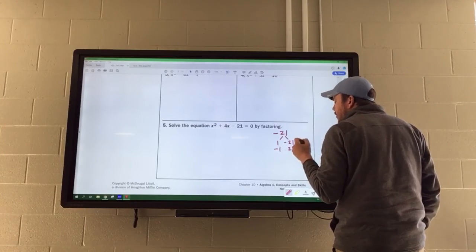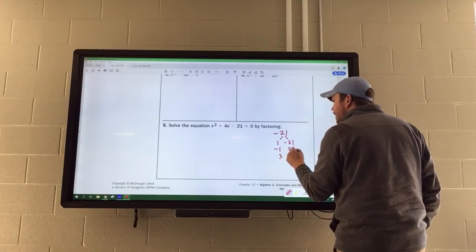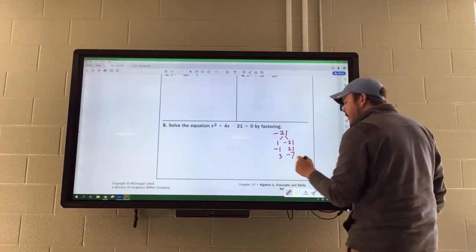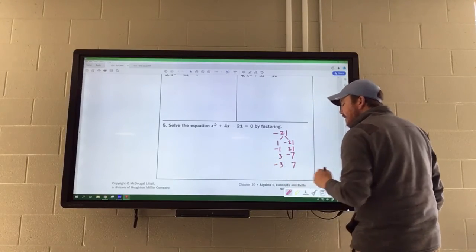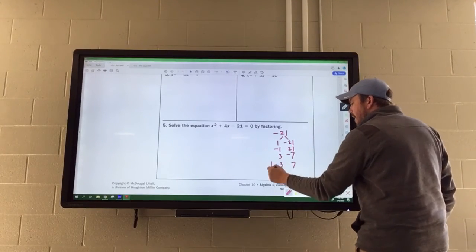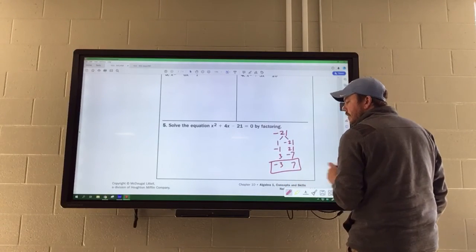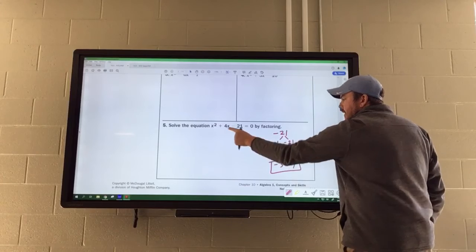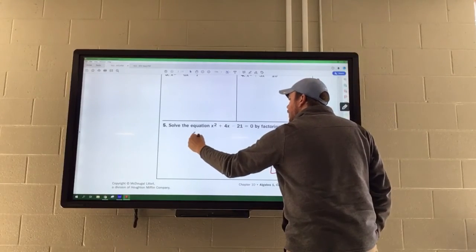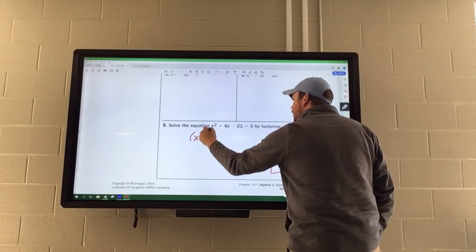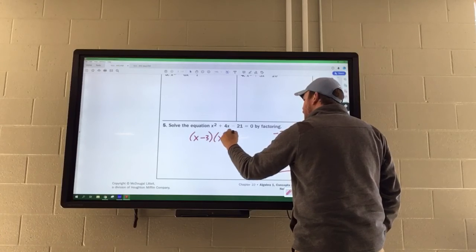It's not divisible by 2. I could do 3 times negative 7, but that adds to negative 4. So, maybe negative 3 times positive 7. Those are the numbers we want because negative 3 times 7 is negative 21, and negative 3 plus 7 is 4. So this factors to x minus 3 and x plus 7.